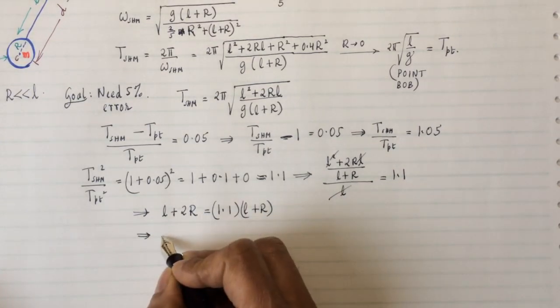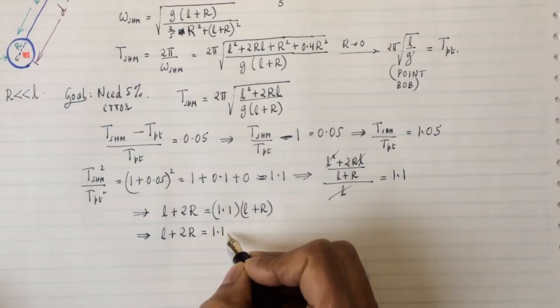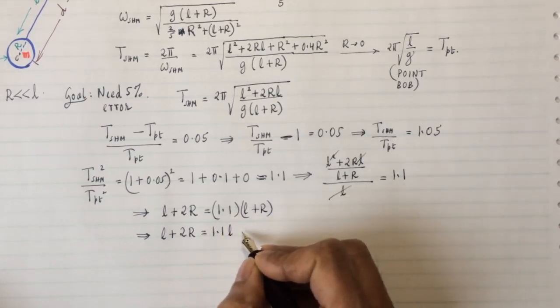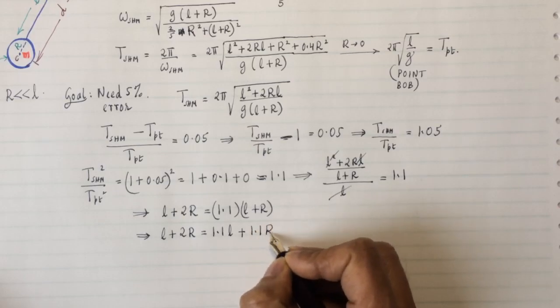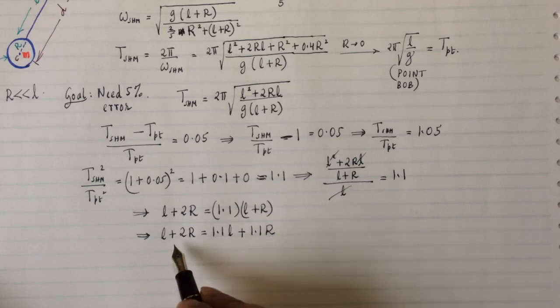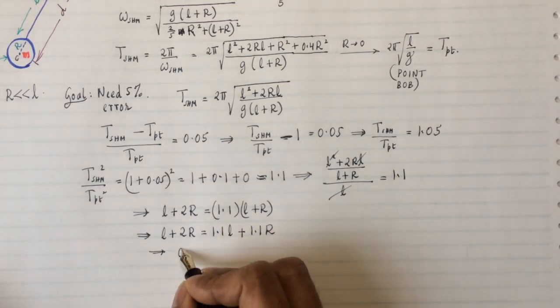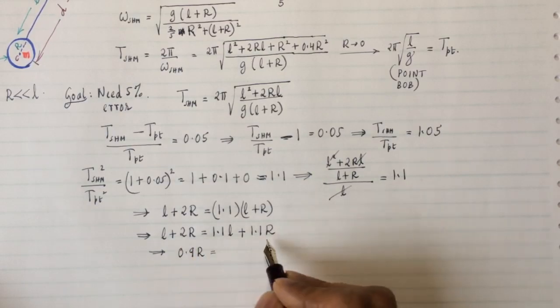So let's press on. L plus 2R equals 1.1 times L plus 1.1 times R. Now I can take this 1.1 R to the left side, so I'll get 0.9 R, because that's what 2 minus 1.1 is.